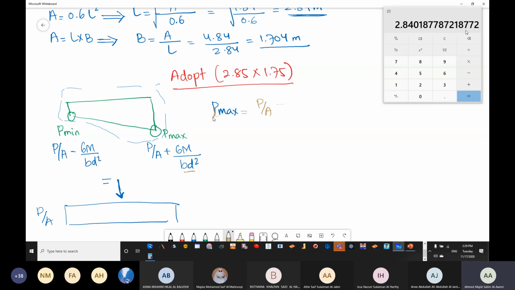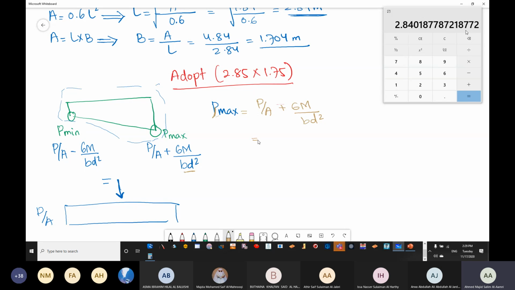Normally pressure is going to be written this way: pressure is equal to P over A plus 6M divided by BD square. Or you can write the BD square in capital, but that's up to you as well.